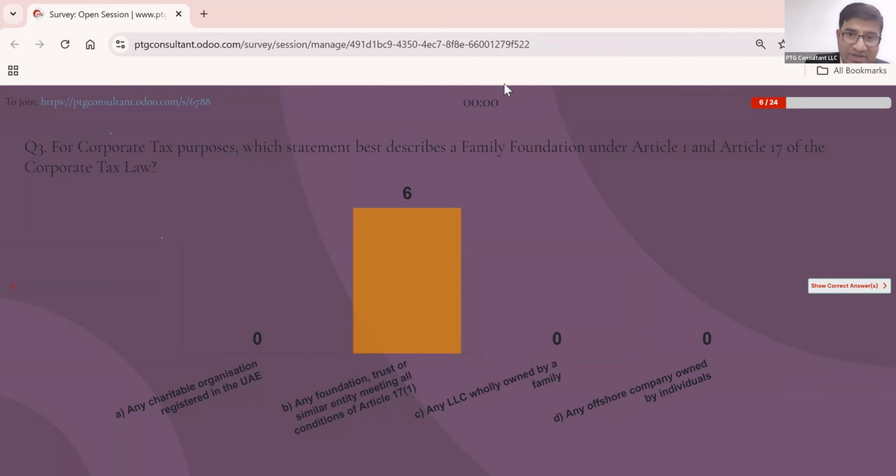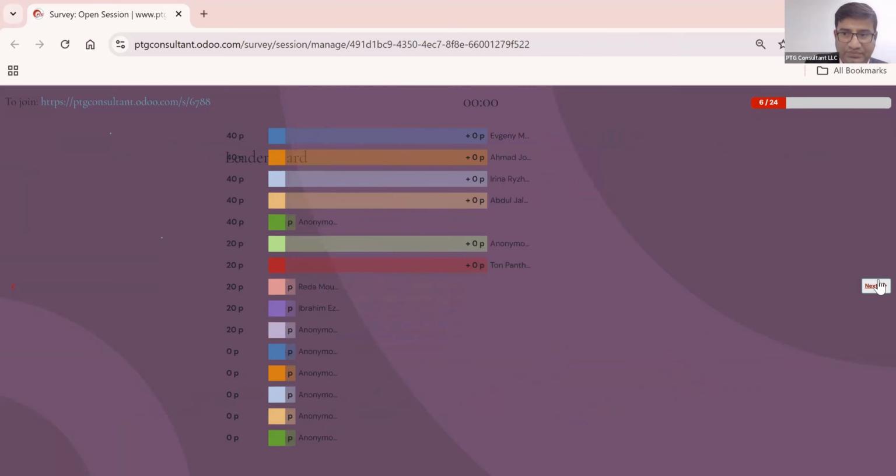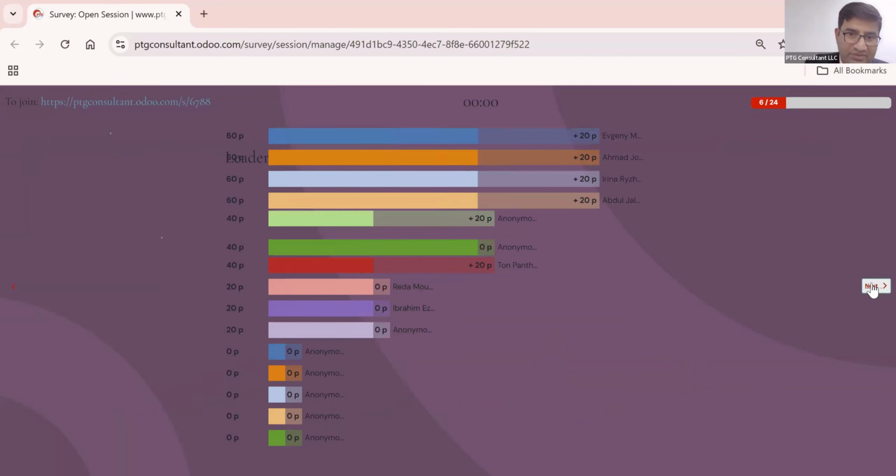If all the conditions are met and the family foundation is already approved, the company under the ownership of the family foundation, even if a juridical person LLC, but with other conditions met as per Article 17, is eligible for the transparency. We're going to discuss this part. The leaderboard will keep updating as per the participants' responses. So let's move to the next.